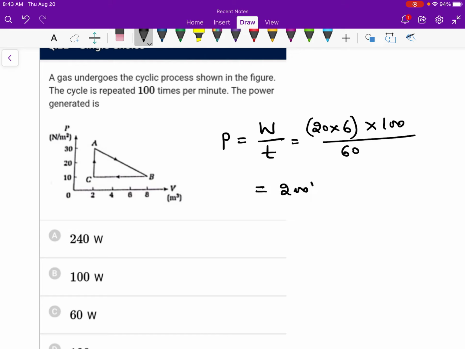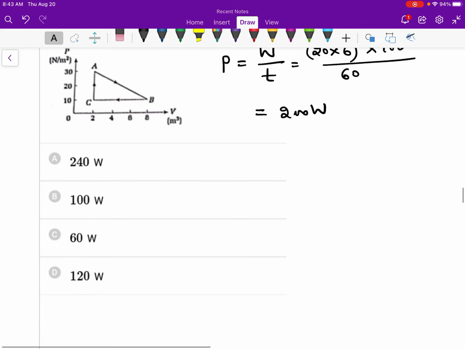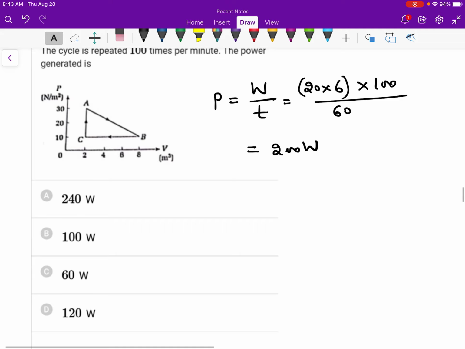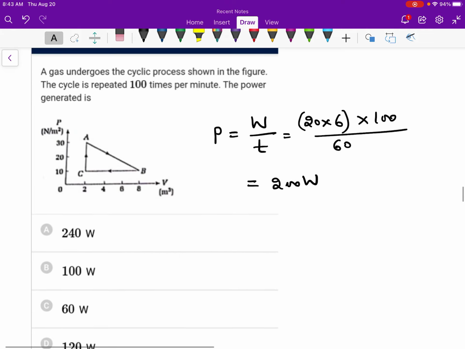So this is 200 watt. So correct answer is, just a minute, 20 into 6, that is 120, and into 100, the cycle is repeated 100 times per minute, so 100 divided by 60, so 120 by 60 is 2, into 100, 200. So there is no option with 200. Let's check the answer once again.